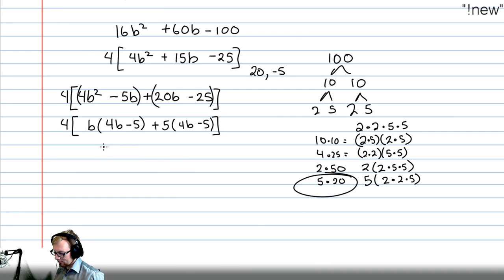Good. Finish her off. And when you simplify everything, you have parentheses b plus 5, second set of parentheses 4b minus 5. You're done, sir.